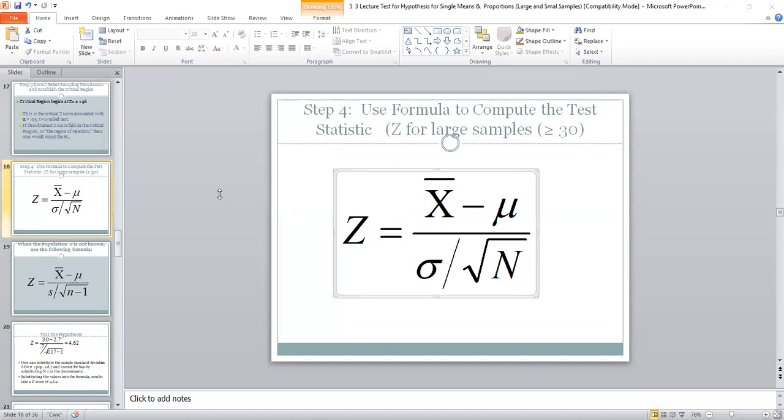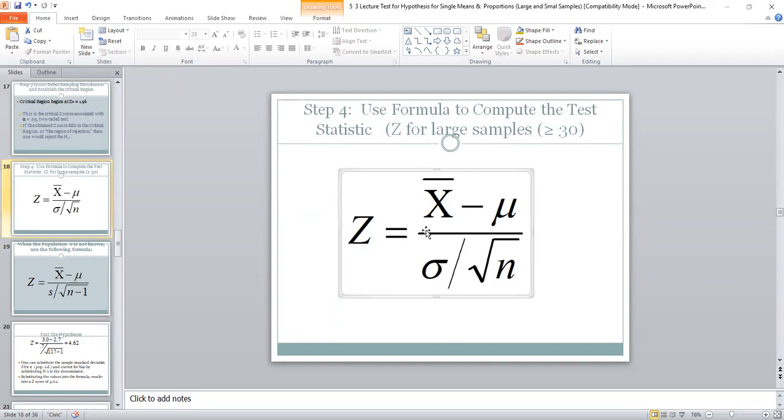We had this last week when we were standardizing the means. So that is the Z test statistic: Z is equal to X bar minus mu over sigma divided by root n. That is the Z test statistic when the sample is large.